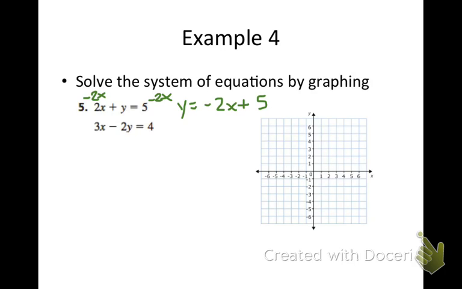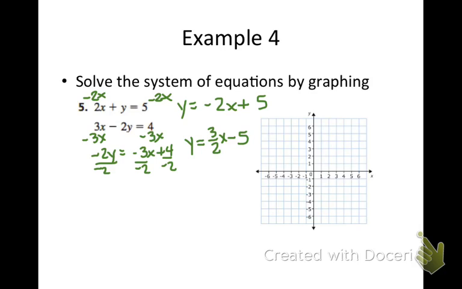And in this one, if I subtract 3x, and come back and divide by -2, I'll get y is equal to 3 over 2 x minus 2. And again, go ahead and graph using the slope-intercept method.